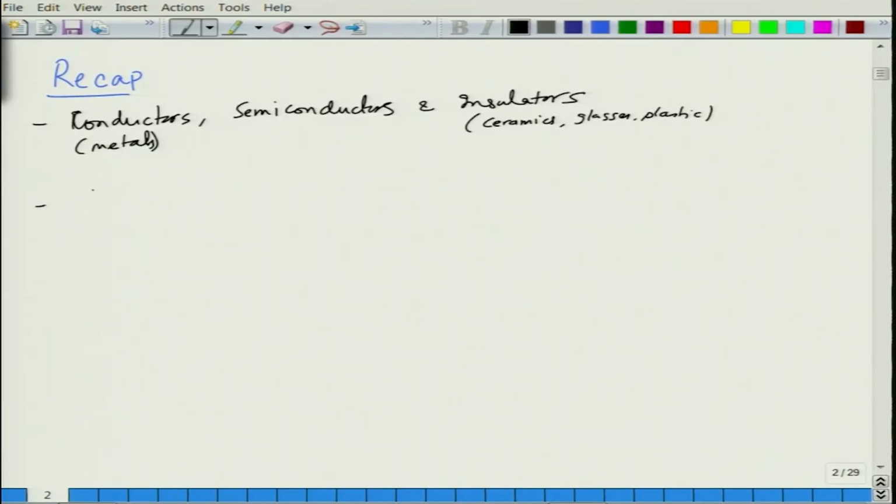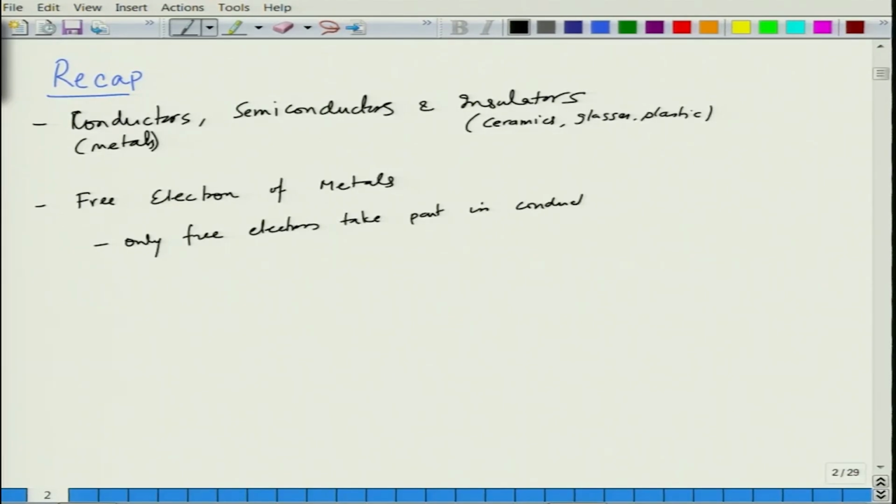And then we looked at the free electron theory of metals. Here we say that only free electrons, or the outermost electrons, take part in conduction, and the kinetic energy of the electron is given as E equals h cross square k square divided by 2m.